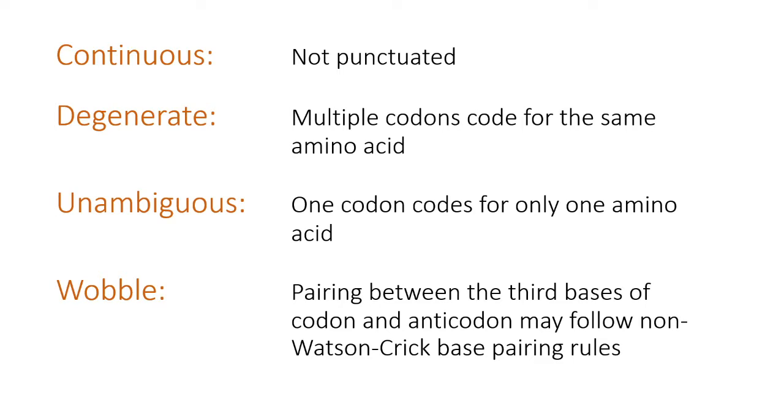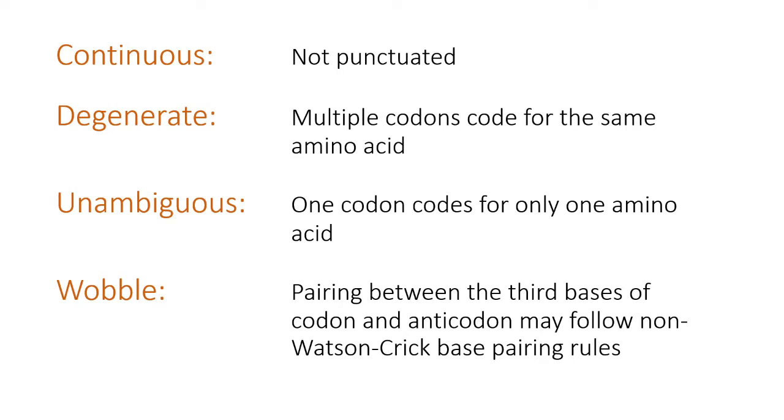Number 6, unambiguous. Any individual codon codes for only one amino acid. For example, GUU codes for valine only. Now, you must remember the difference between degenerate and unambiguous.